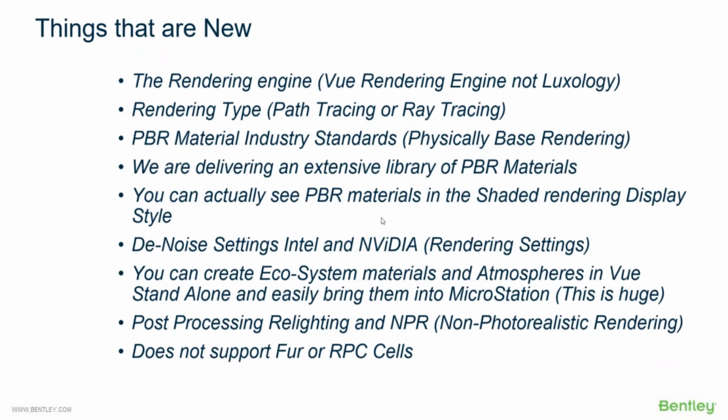I can bring it in there and create the ecosystems, save them as material, then assign them inside of MicroStation. The same thing with the atmospheres. Although I can do some minor editing inside of MicroStation as far as the atmosphere is concerned. I can add more clouds. I can add more fog. I can add less fog. I really can't create an atmosphere inside of MicroStation. That is done in the VUE standalone program.